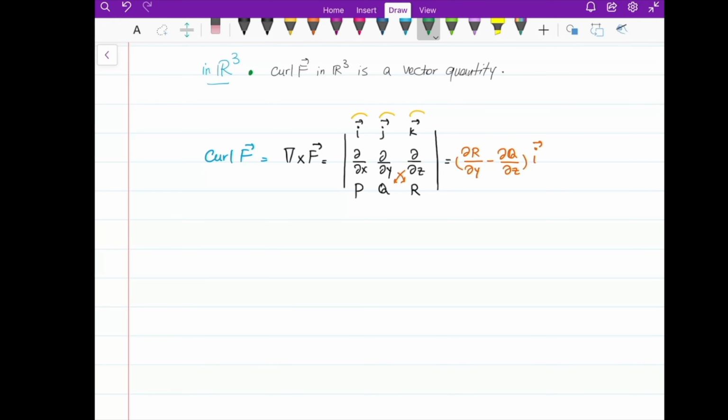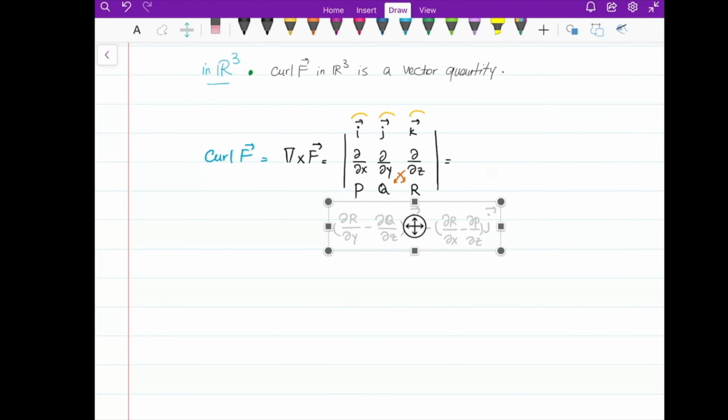For the next one, I have negative j, and I remove the row and column containing j. So I have partial derivative of R with respect to x minus partial derivative of P with respect to z.